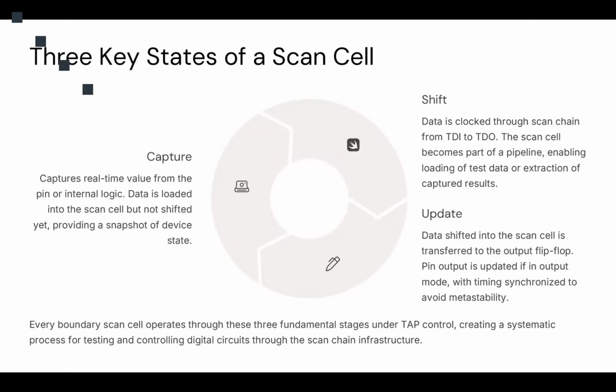This is how the shift state helps us in the testing mode of the boundary scan cell architecture.